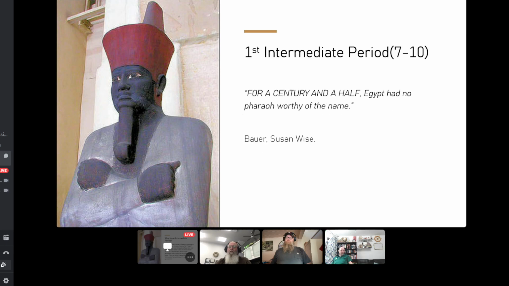Okay, so let's talk about the first intermediate period then. It's often described as a dark period. In Susan Bauer's book, she says of this time period, for a century and a half, Egypt had no pharaoh worthy of the name.